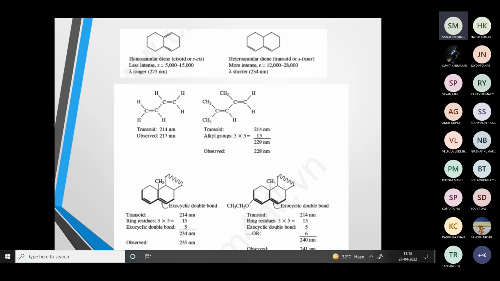So this double bond system is attached through this CH2 unit. This is the ring. This one is known as a ring residue, that means part of the ring. This is another attachment with the ring. This is another attachment. So 3 attachments are here. Here also the same thing. 1, 1, 1. Okay.